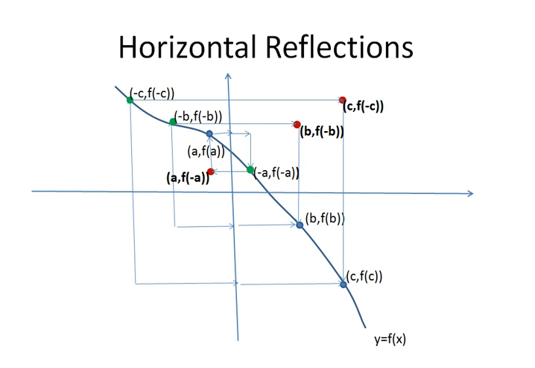Now we can find (a, f(-a)), (b, f(-b)), and (c, f(-c)) by completing each rectangle.